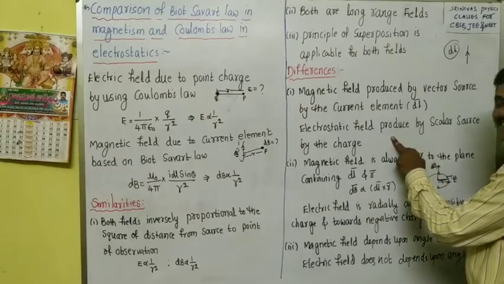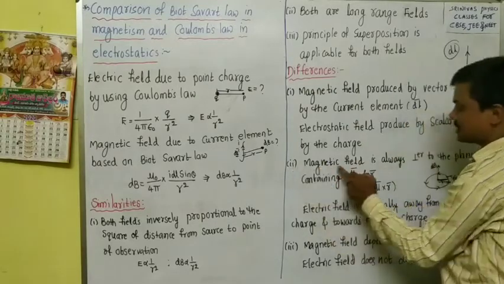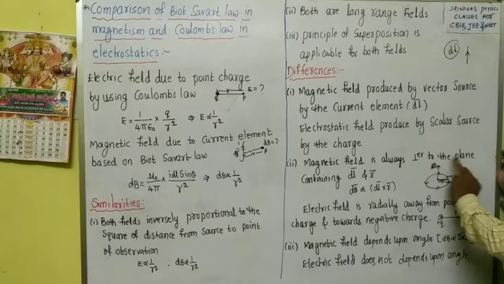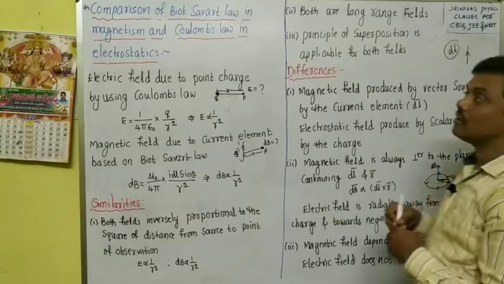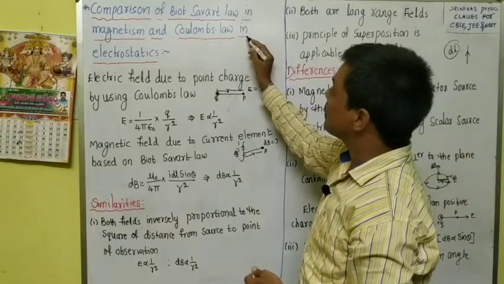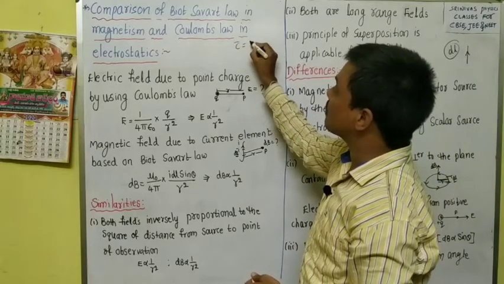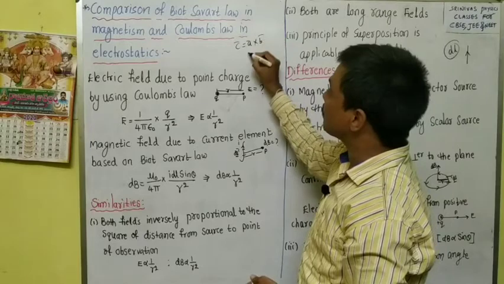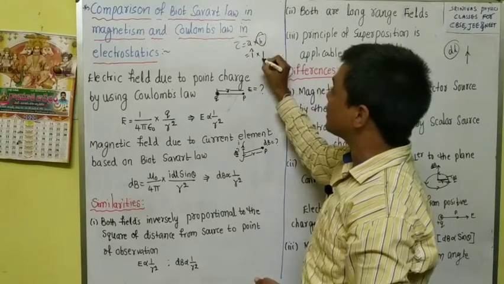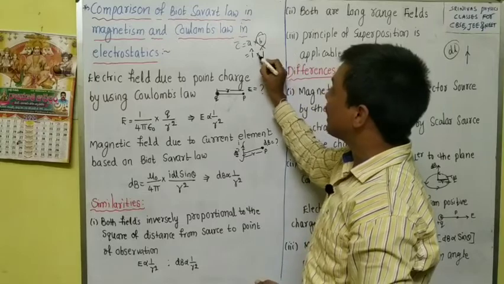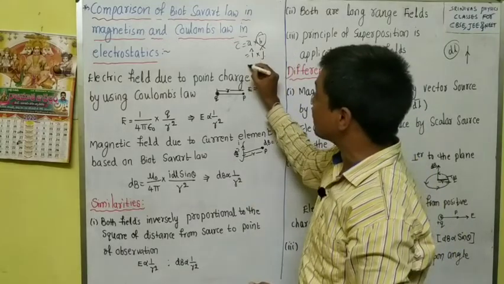This is the difference. And next, the second point is that the magnetic field is always perpendicular to the plane containing dl and r, right? Generally we know, for example, C bar is equal to A bar cross B bar. For example, A bar is along the x axis, we write i cap. B bar is along the y axis, we write j cap. i cap cross j cap gives k cap.